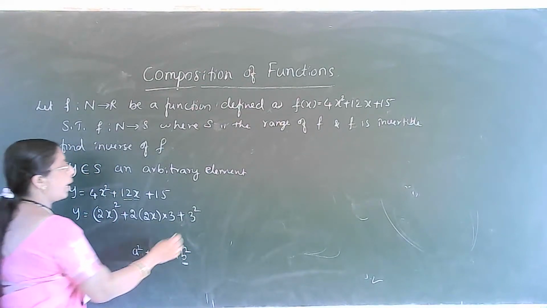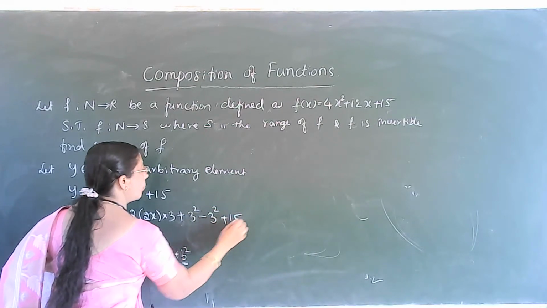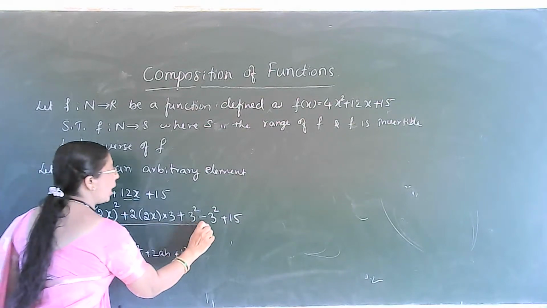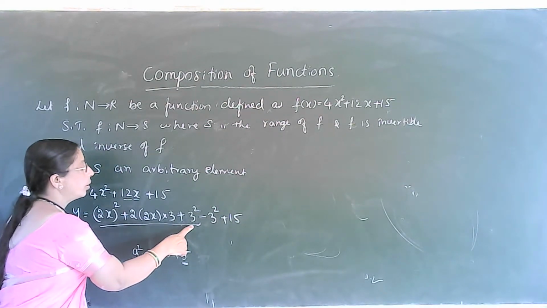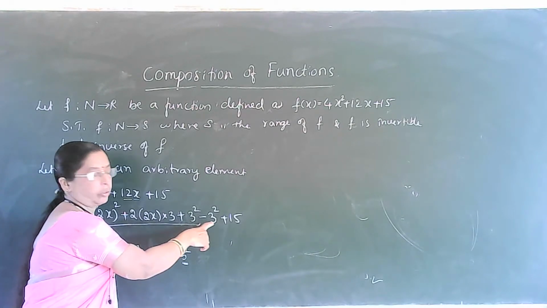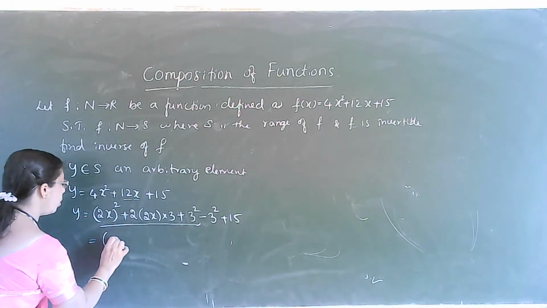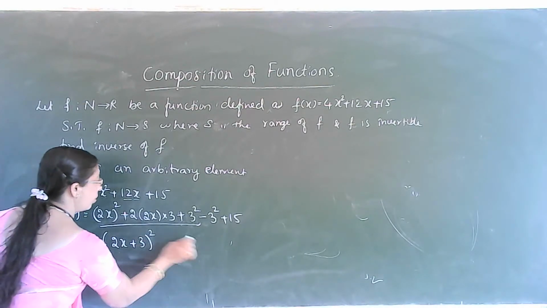We added the 3 square, so I subtract 3 square, plus 15. For a perfect square, I add 3 square, therefore I subtract 3 square plus 15. We get (2x plus 3) whole square.